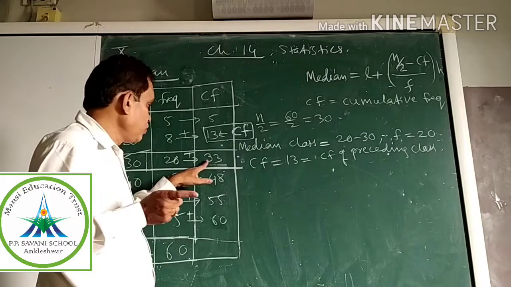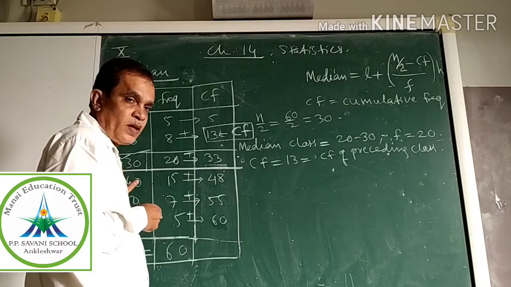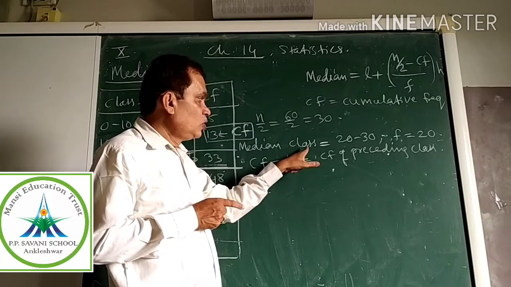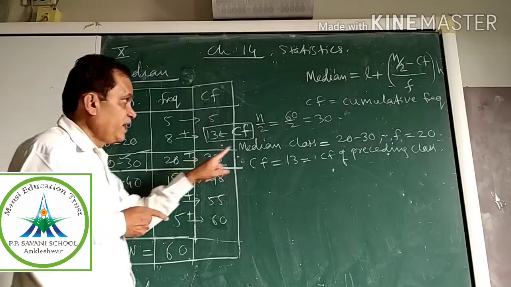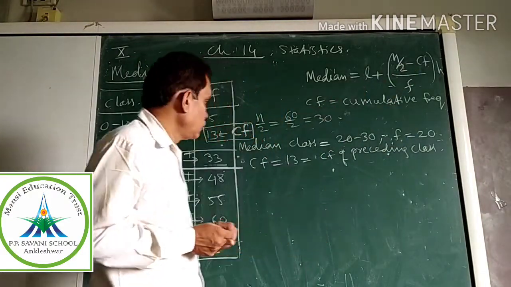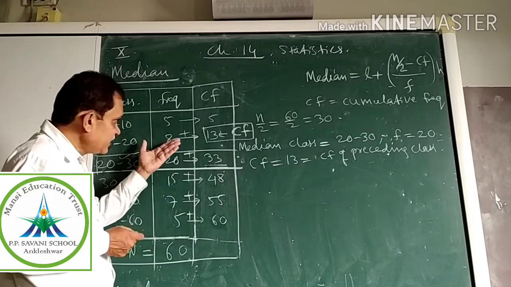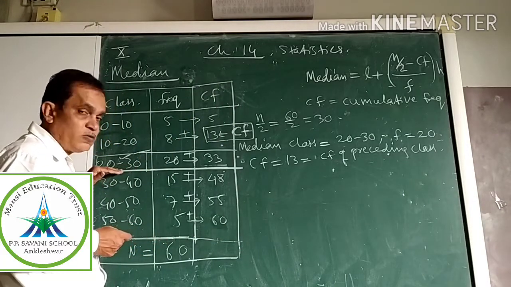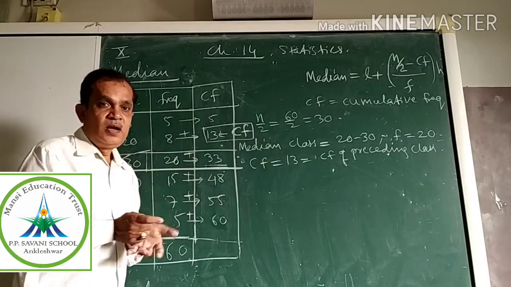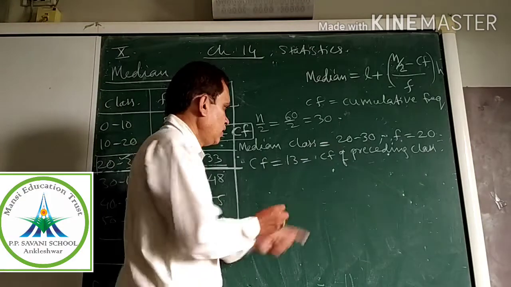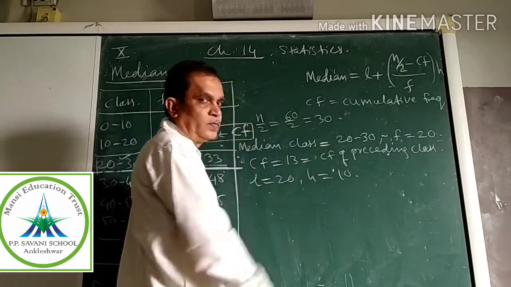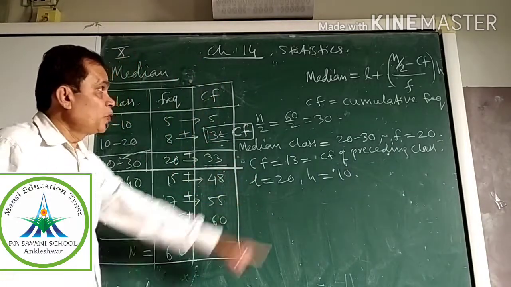So this 33 gives you the median class. Write it down quickly. Now the frequency of this class is 20, that is F. Then the CF of the preceding class is the one before the median class, 13. You got L, you got H. Now it is very simple, put in the values.